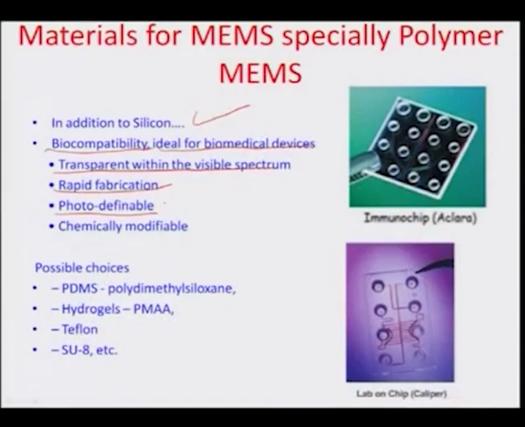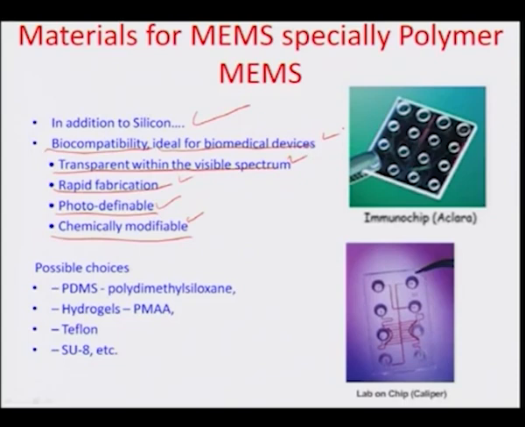It should be photo definable, which means that you can actually expose it, and based on that you can define the features and structures in a manner, and then it can be chemically modifiable. So, these are some of the desirable properties in polymer MEMS: it is biocompatible, it is optically transparent, it has properties of rapid fabrication, it has photo definability, okay, and then chemical modifiability.